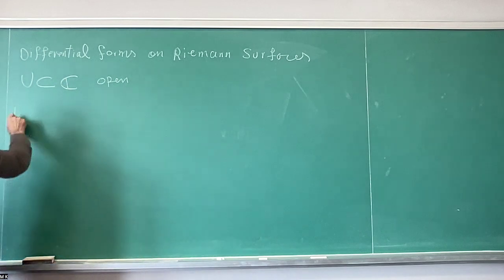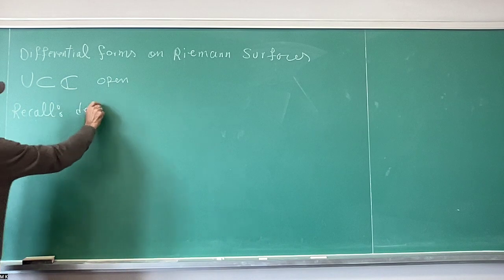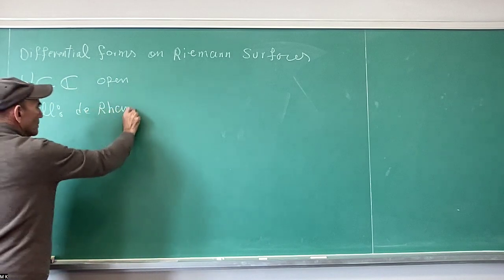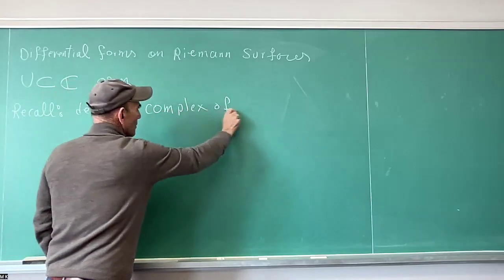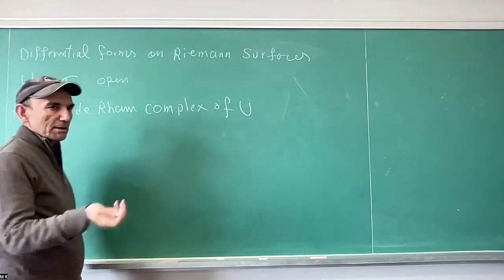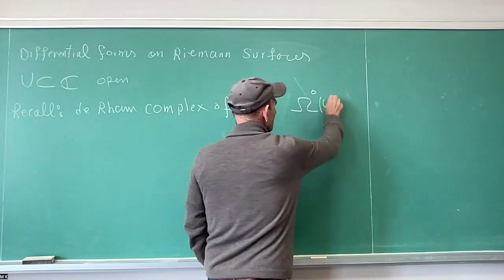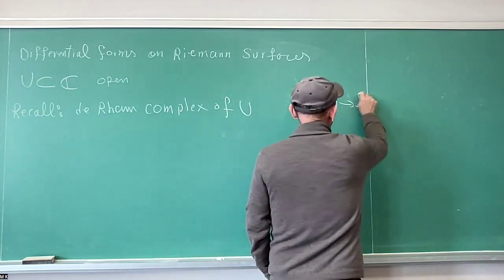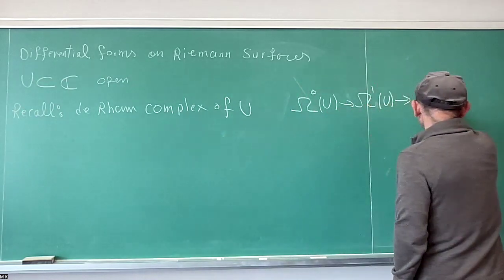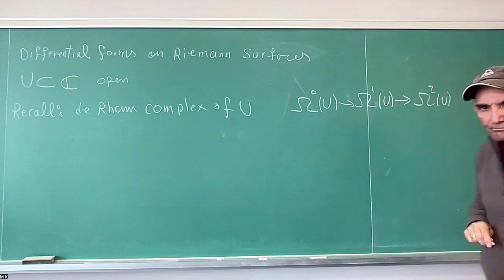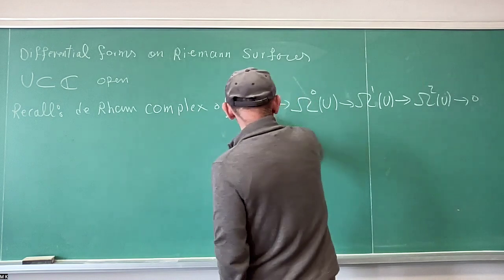So let me recall the de Rham complex of U. That was just a complex of this form: omega 0 of U, omega 1 of U, and then omega 2 of U. It goes to 0 here, and here comes to 0.